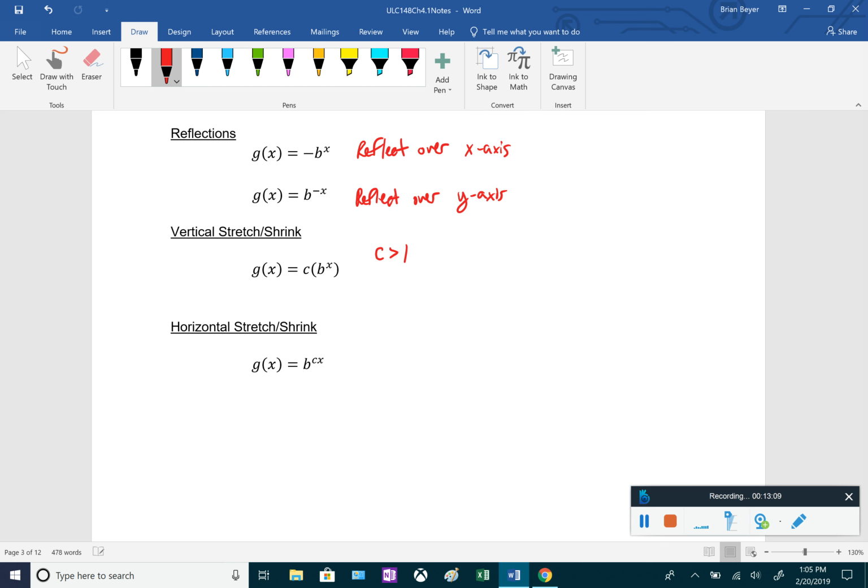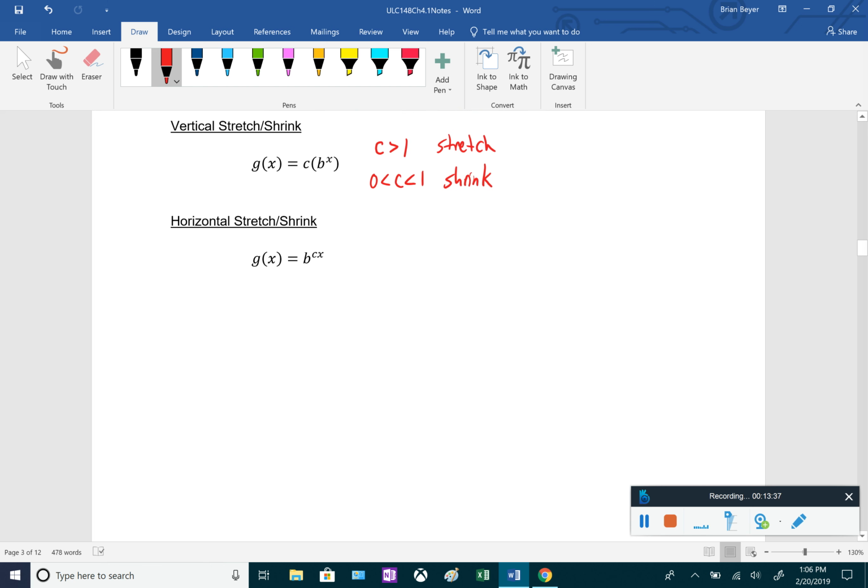If c is greater than 1, that means it is a vertical stretch, meaning it's moving away from the x-axis. It's making all the function values larger, away from the x-axis. If c is between 0 and 1, that's making the function values smaller, meaning it's a shrink, meaning the graph is getting closer to the x-axis.